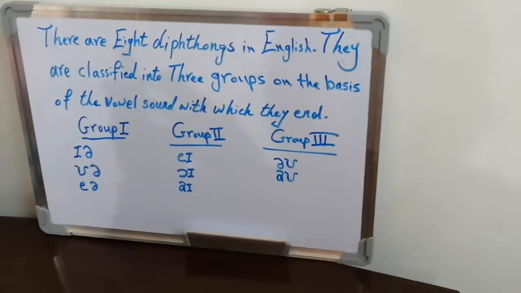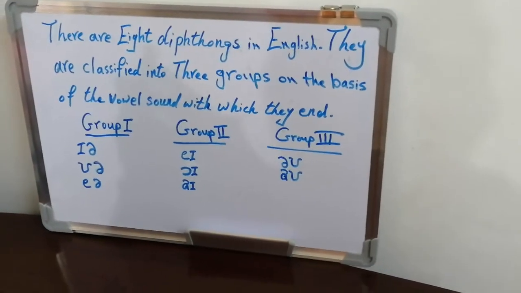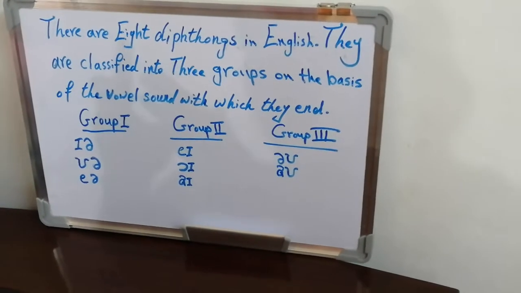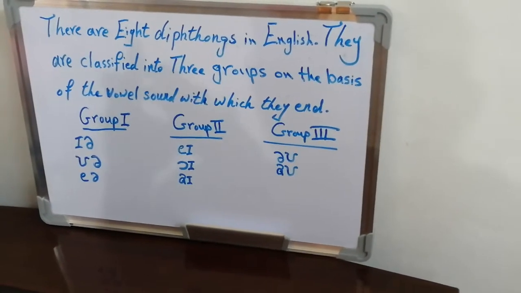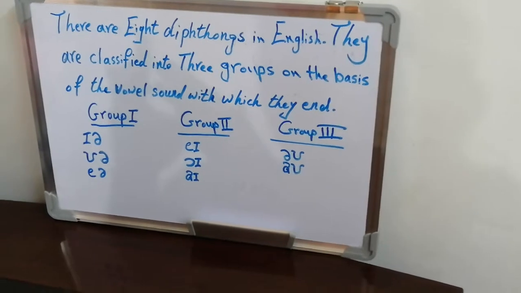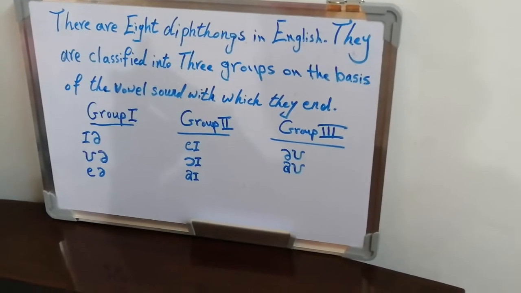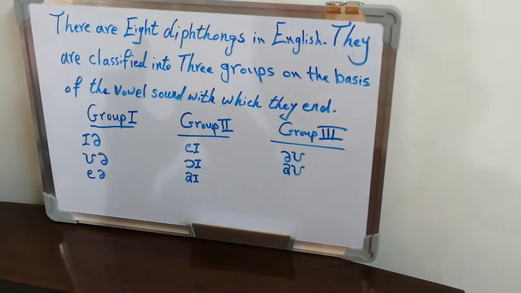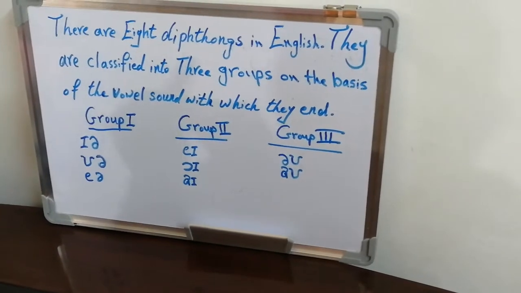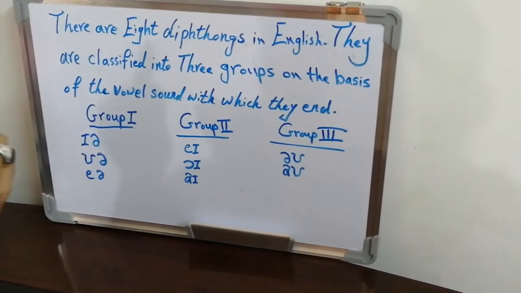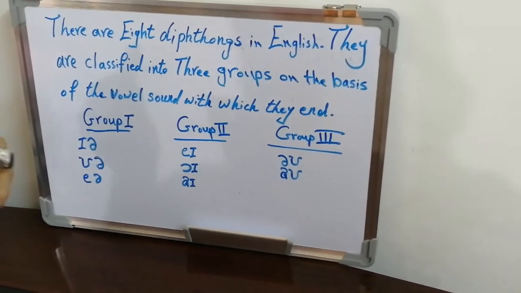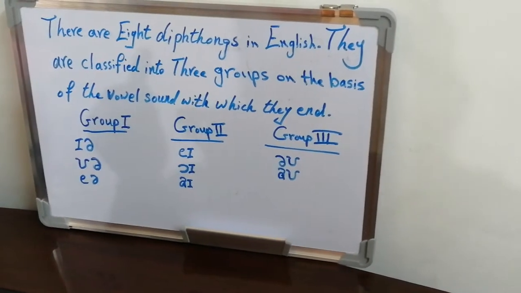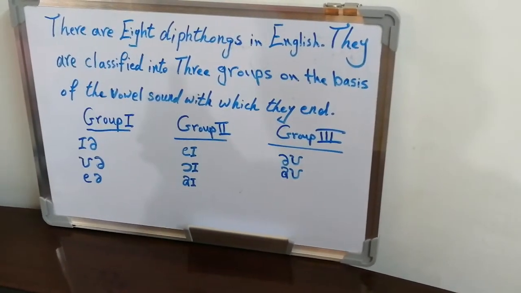You remember last time I talked about pure vowels, or what we call monophthongs. By monophthongs I mean a sound which consists of only one sound. You start with one sound and you end with the same sound. We call them monophthongs, or pure vowels.